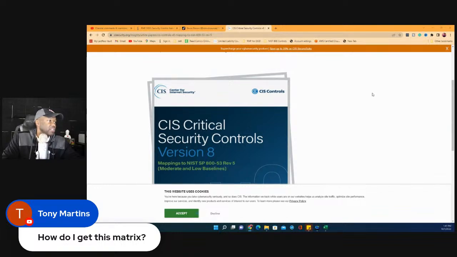This is a site called CISsecurity.org. If you just Google CIS controls to NIST 800-53, you'll find this. This is free game. You can get this off the internet, and it maps to several different other frameworks.